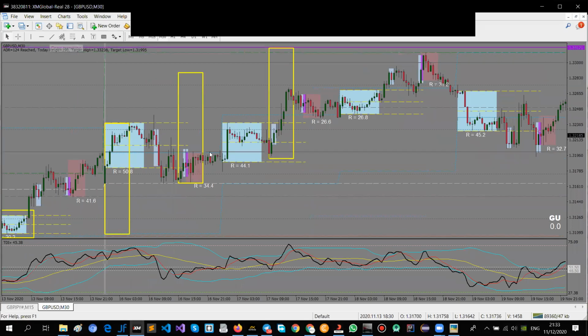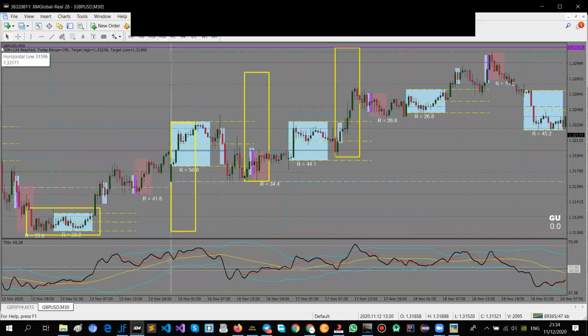So that's how we count levels using the ADR. We just check the ADR value for that certain pair, then we measure out rectangle boxes. You have to get them vertical.